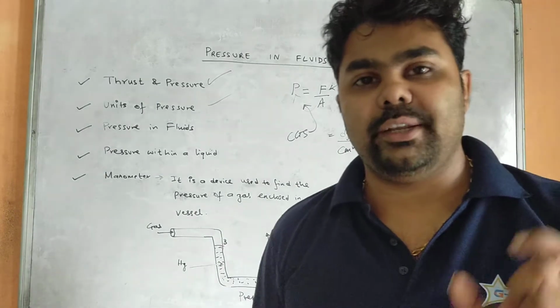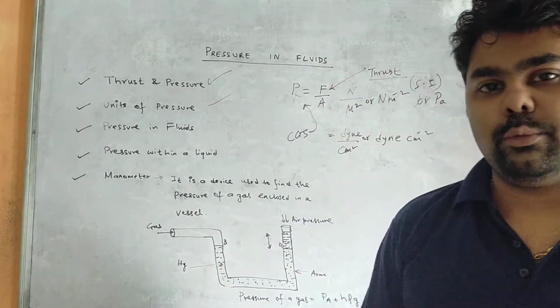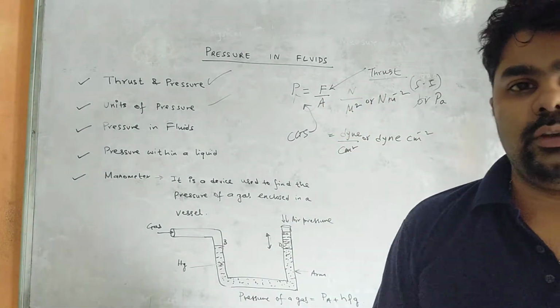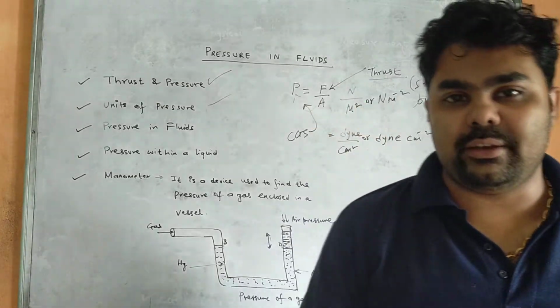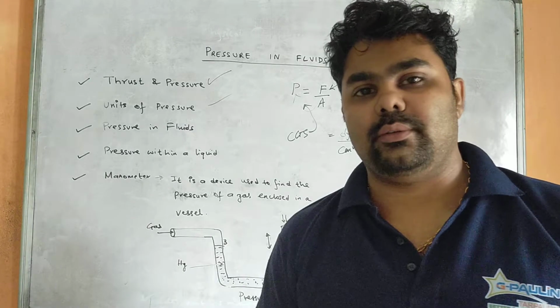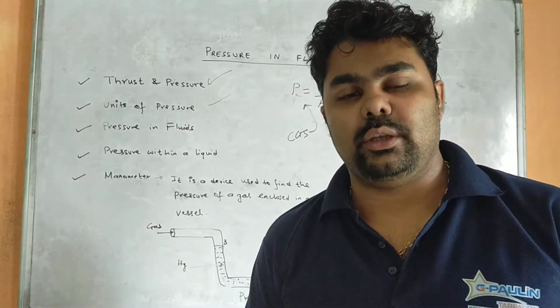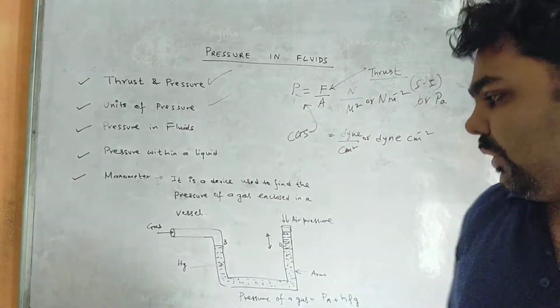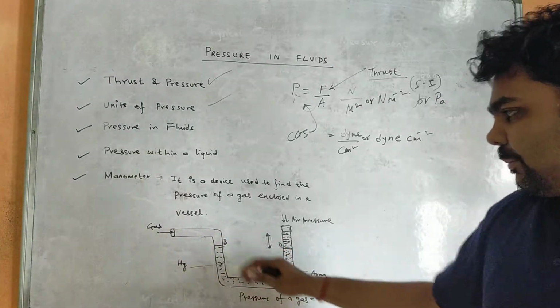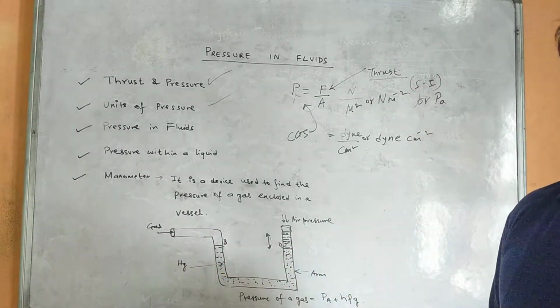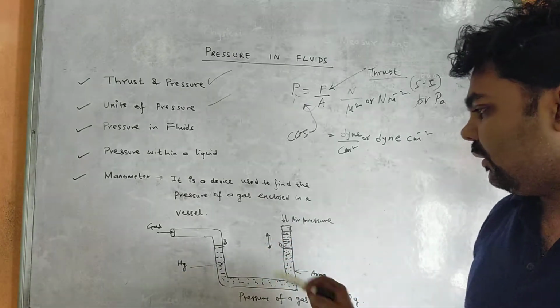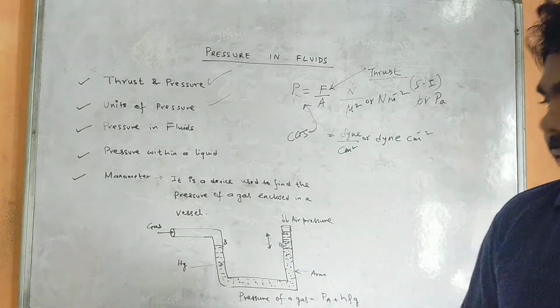Mercury has a high density, so generally in a barometer or any other instrument we prefer mercury, due to its density, its shininess, and its availability. So in this manometer, one end is connected with the gas vessel and one end is open, and it is filled with mercury.